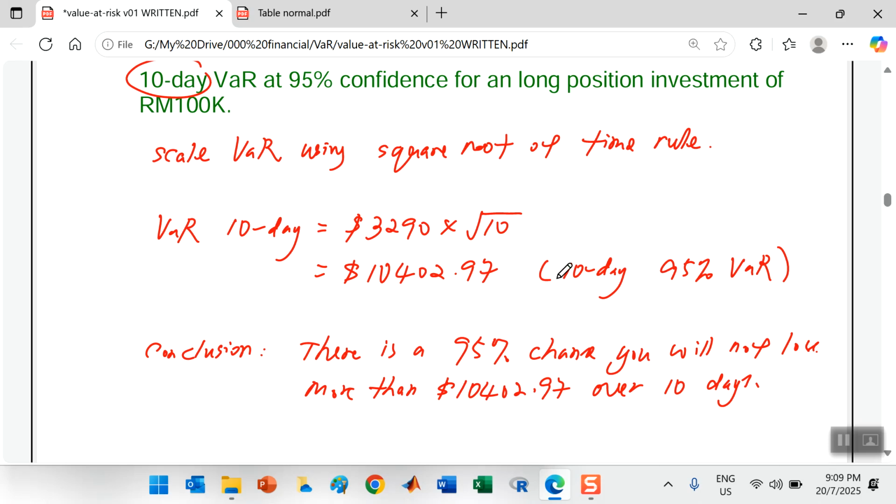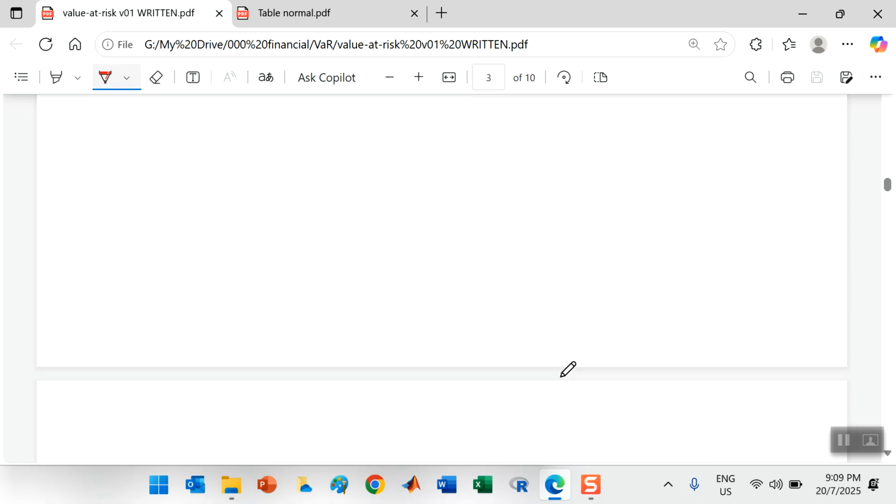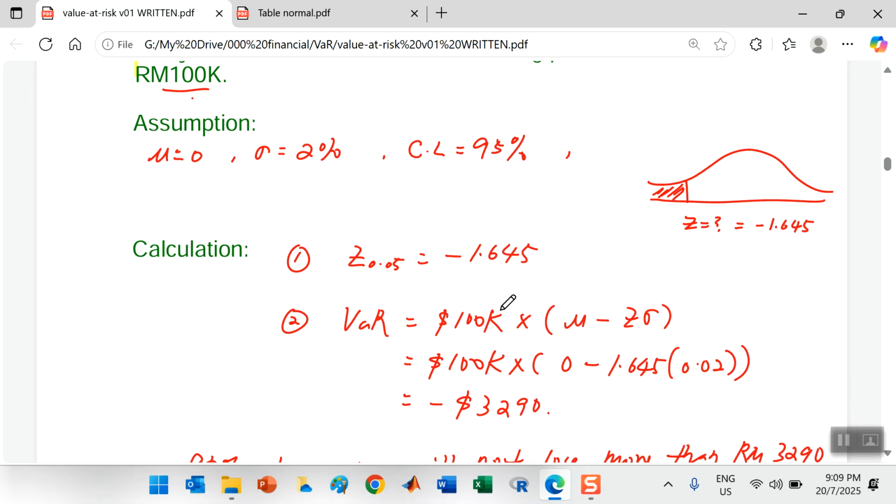Of course, there's a 5% chance that you might lose more than this. So this is basically a simple application.